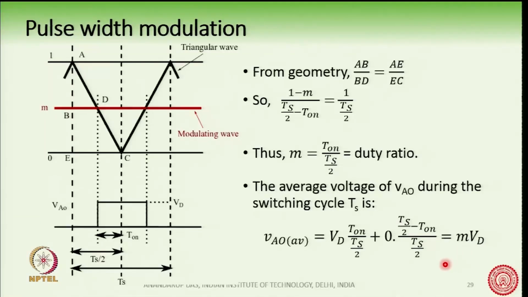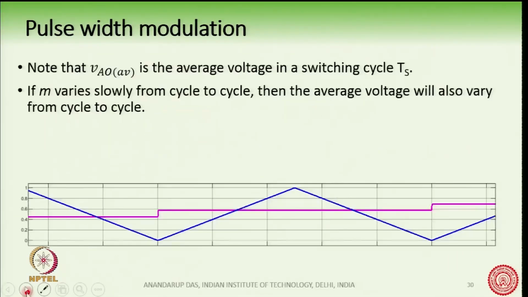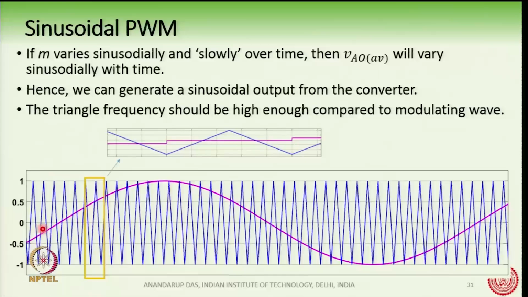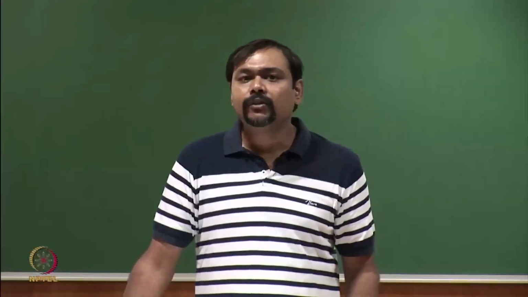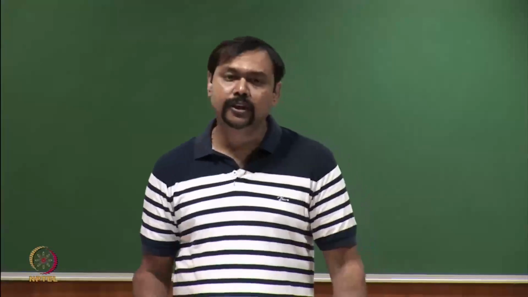So, this is the instantaneous average voltage, whereas once m starts to vary here, then we get a sinusoidal output from the converter, and this assumption is only valid if the triangular frequency is very high as compared to the modulating waveform or the reference waveform.